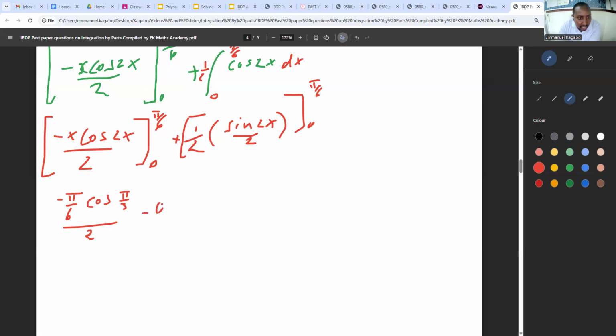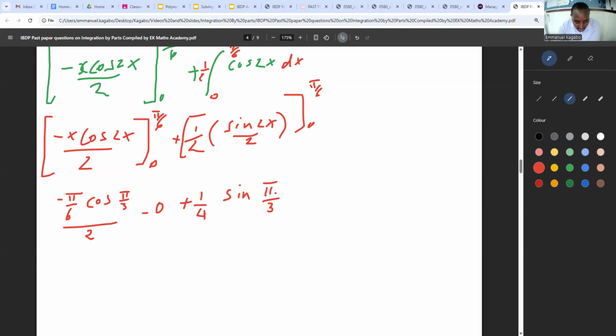That means it will be minus 0 plus. Okay. Now, what about here? This is 1 over 4 sine pi over 3, because this is the pi over 6 times 2. So when you simplify, it gives you that.